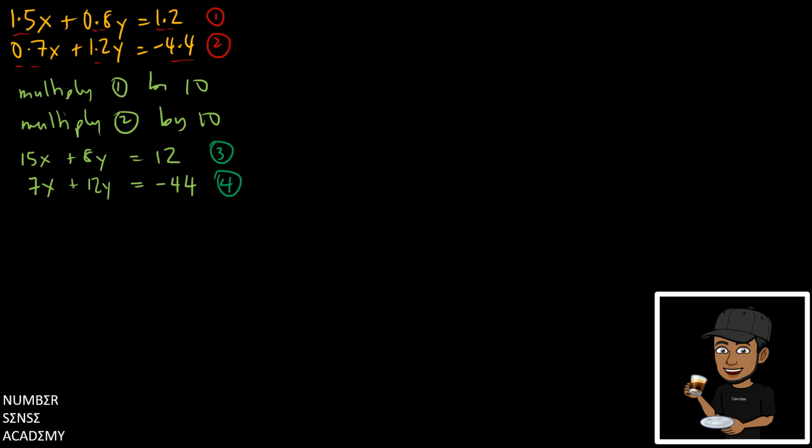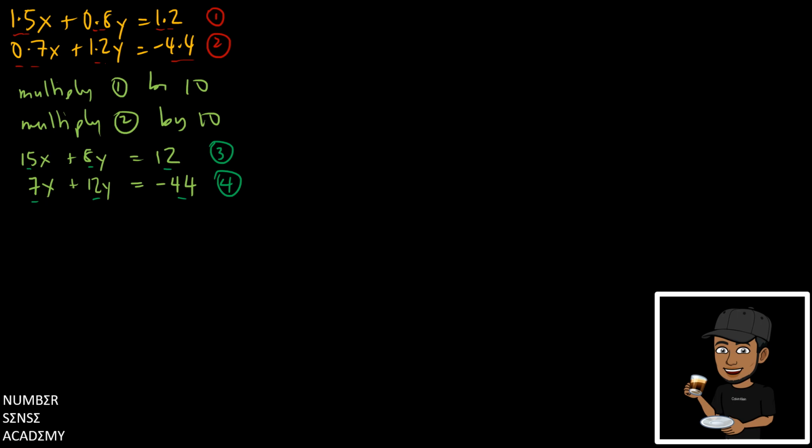All right, so looking through these, 8 and 12 are even, 15 is not, so I can't reduce it. I have a 7 and 12 and 44. They have nothing in common, so I can't reduce that. 15 and 7, I don't know how those are going to collide. I'm going to need some big number to get them to be equal, so I'd have to multiply 15 times 7 and 7 times 15. That means I'm going to have to multiply negative 44 by 15. I don't want to do that.